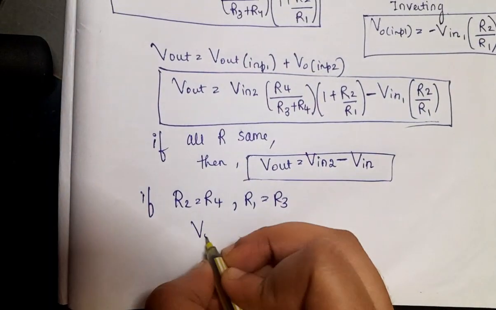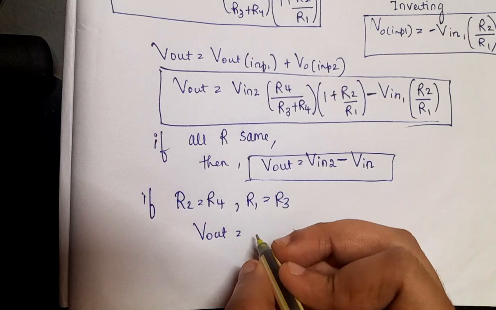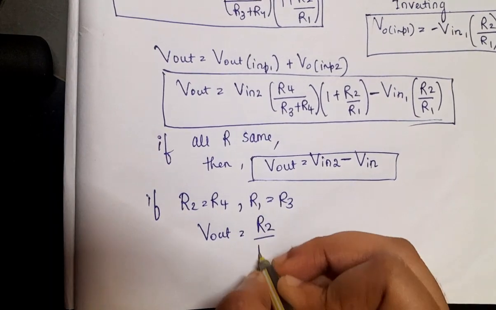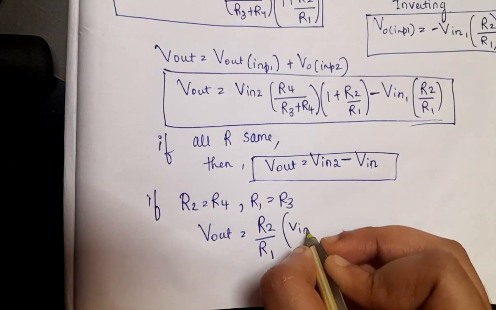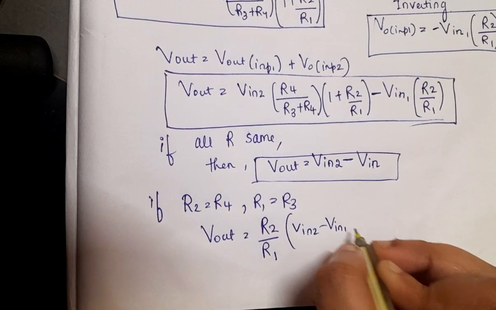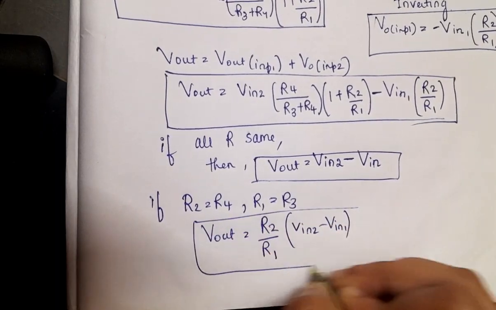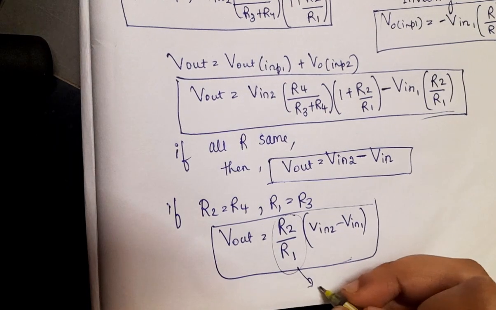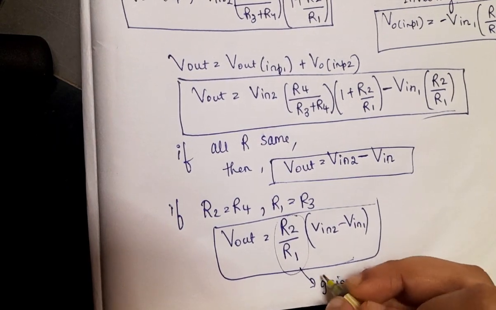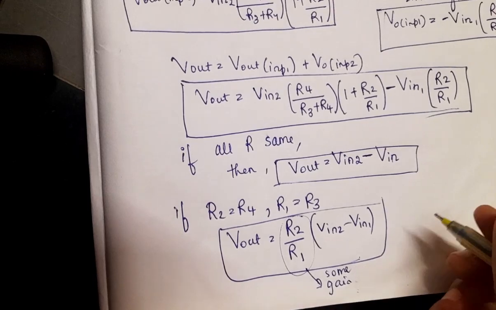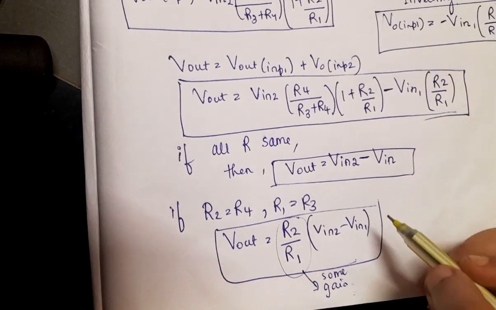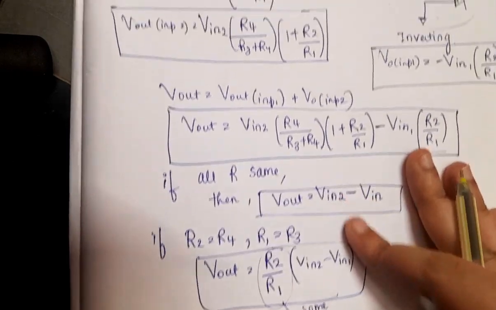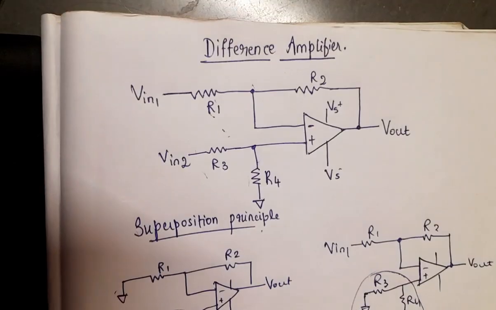Now substituting this in this equation, we get Vout as R2 divided by R1 into Vin2 minus Vin1. Only difference is in this equation we can see some gain being multiplied to the previous equation. So this is about the difference amplifier for different cases.